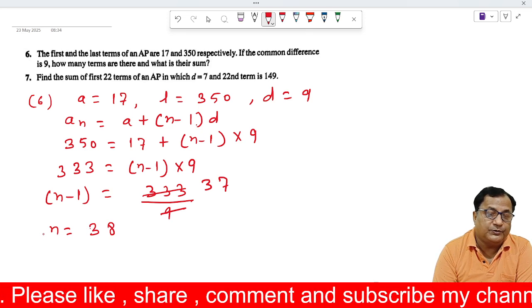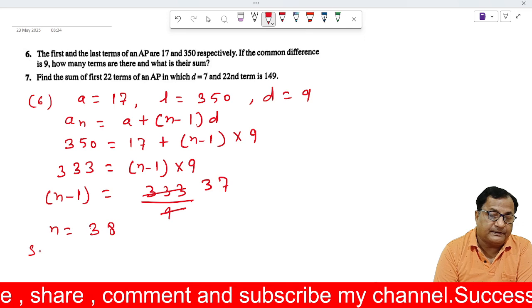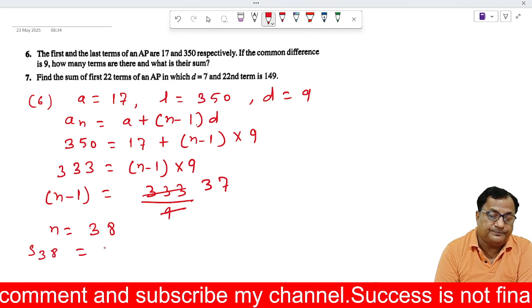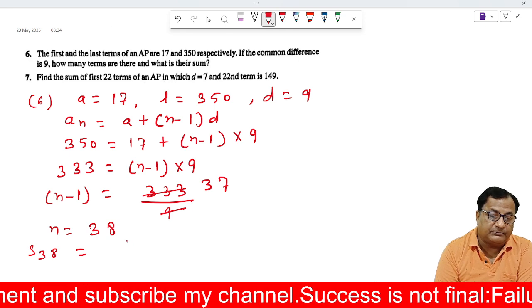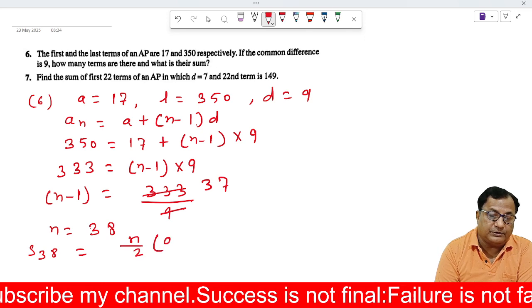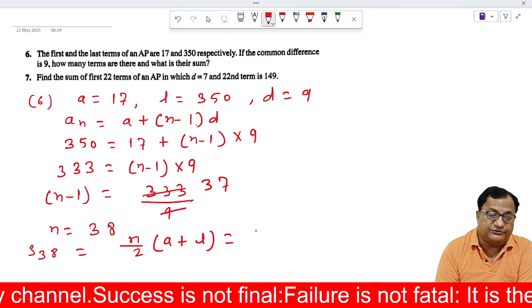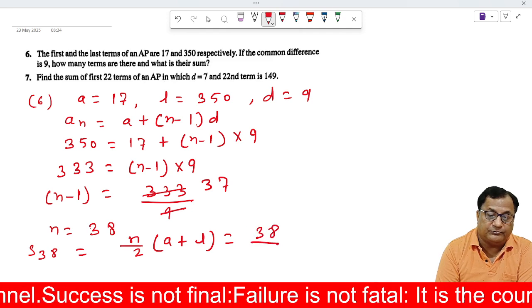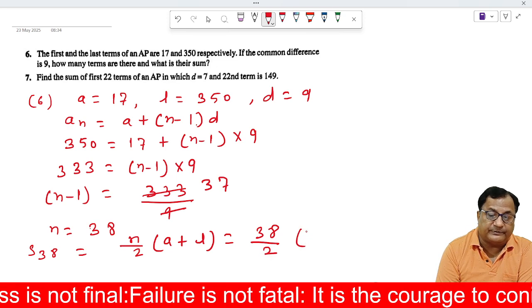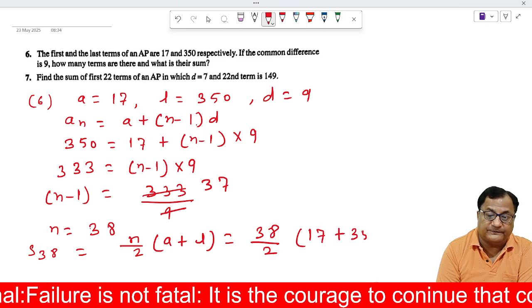Now, what is their sum? That means Sn. S38 is equal to, we will use the formula n by 2 into (a plus l). So n is 38 by 2, a is 17 and l is 350.